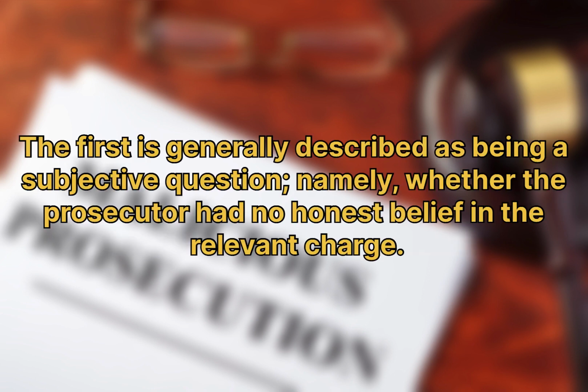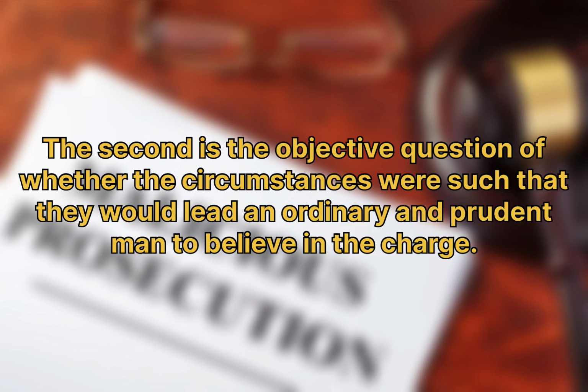The first is generally described as being a subjective question, namely, whether the prosecutor had no honest belief in the relevant charge. The second is the objective question of whether the circumstances were such that they would lead an ordinary and prudent man to believe in the charge.